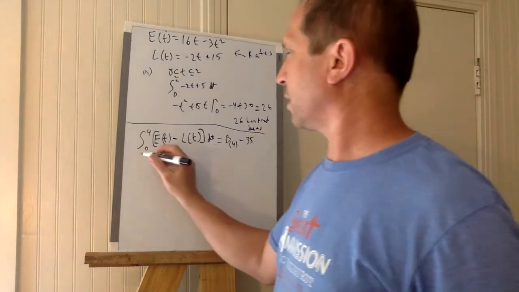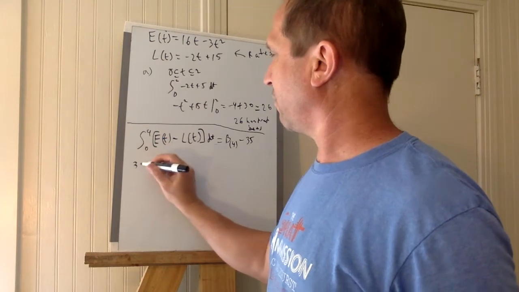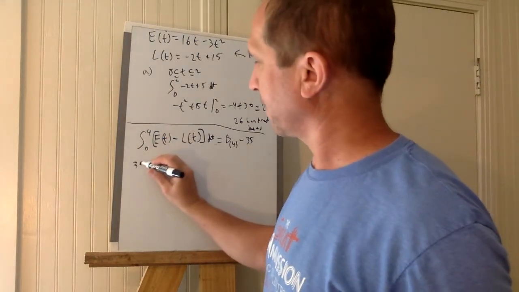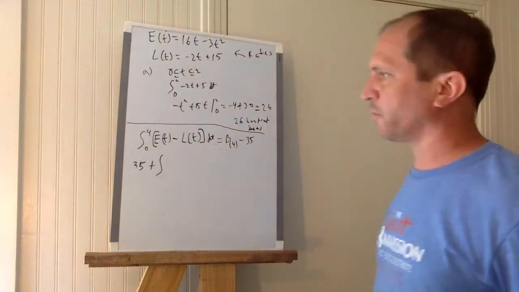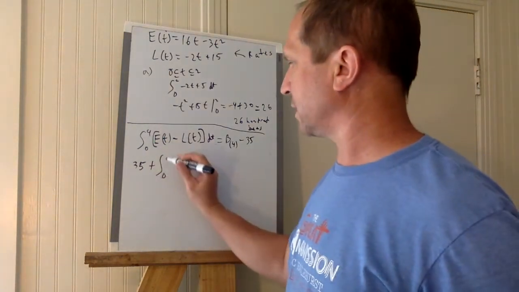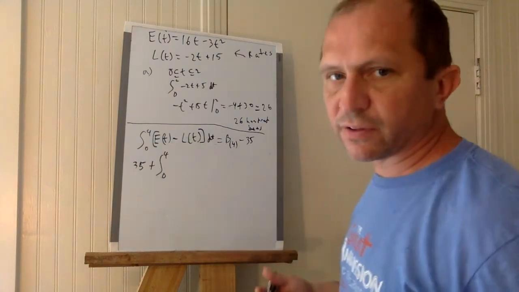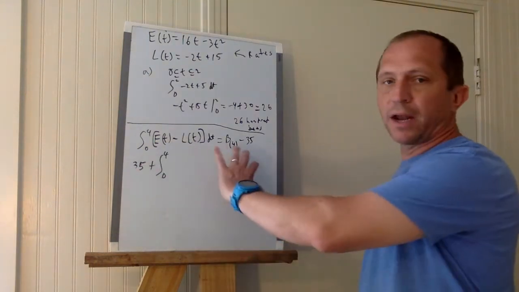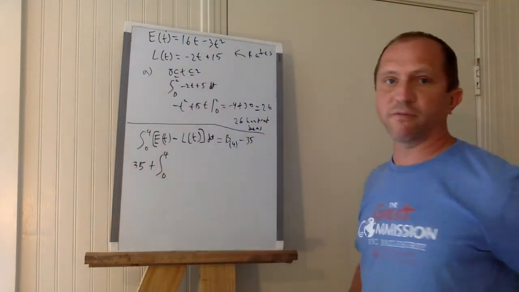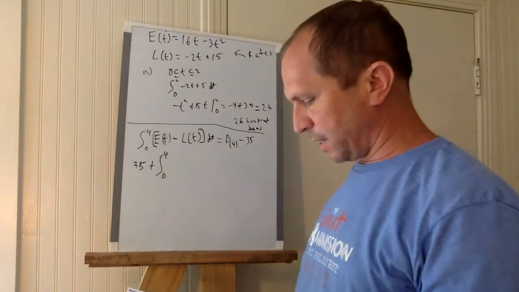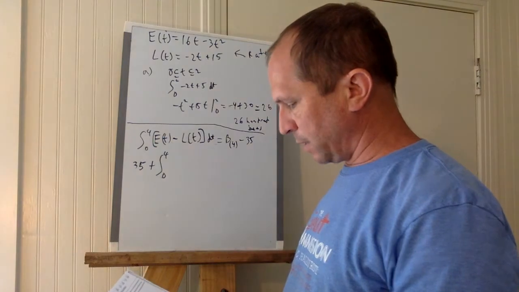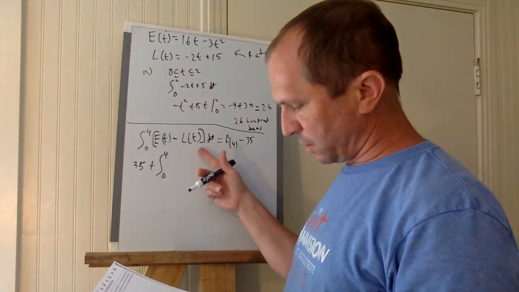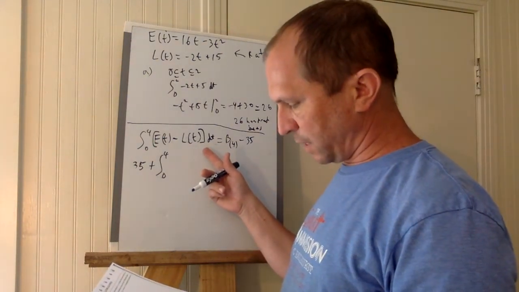So now pull that to the other side, so we get 35 plus the integral from 0 to 4 of E of t minus L of t. Now I'm just going to write it out. If this was a calculator problem, I wouldn't bother writing this step out because it would be left in the equation. But E of t is 16 minus 3t squared, and then you have minus 2t plus 15.